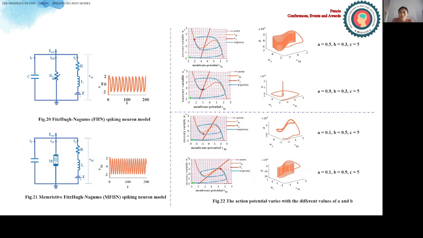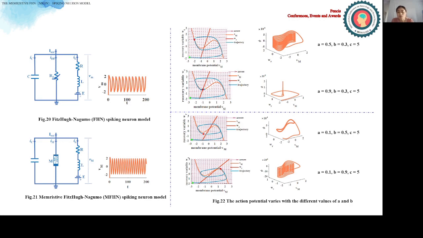The FHN spike neural model is the typical artificial neural model. It has rich dynamic behaviors and can imitate the afferent process of a neuron. The memristive is a non-volatile and tunable resistance device.